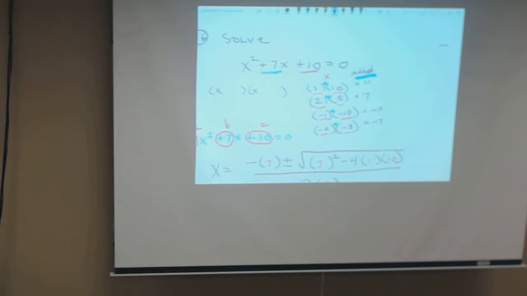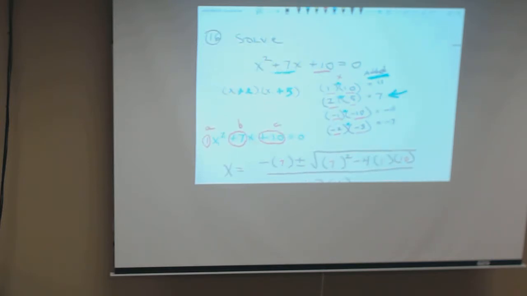And there's where I get 7. So it looks like my factors are x plus 2 and x plus 5. Everybody follow that? I just listed all the possibilities and then looked for the two that work. So the solution set would be negative 2 and negative 5. Because that's what zeroes those out.